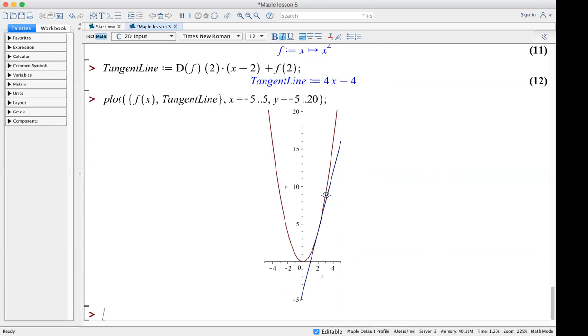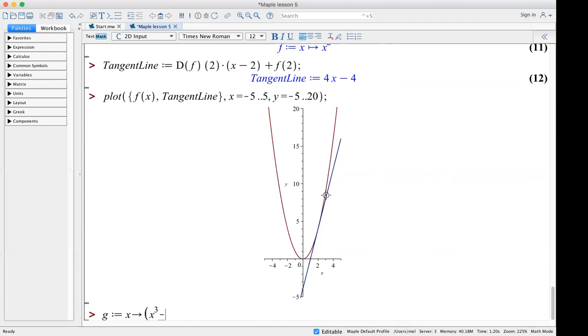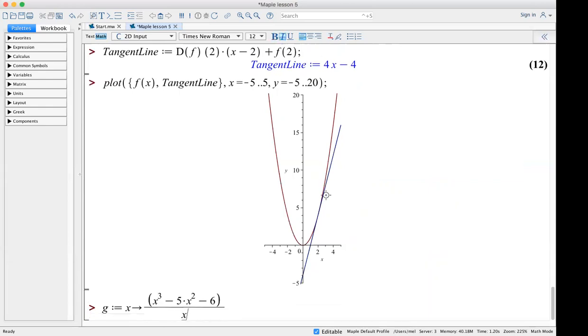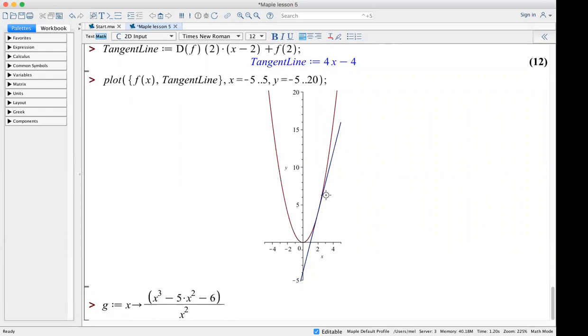Let's do another example. Suppose I define the function g to be equal to, I don't know, x cubed minus 5 times x squared minus 6, divided by x squared plus 3.